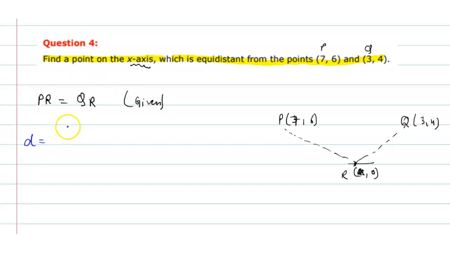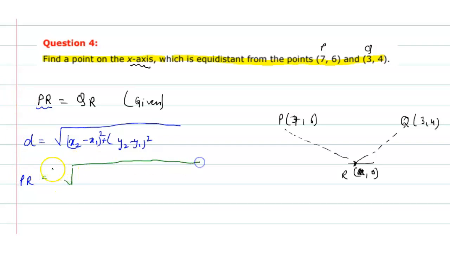Here is the distance formula: root of x2 minus x1 squared plus y2 minus y1 squared. In terms of PR, this is (x1, y1) and this one is (x2, y2).